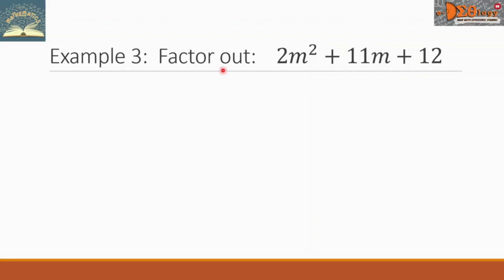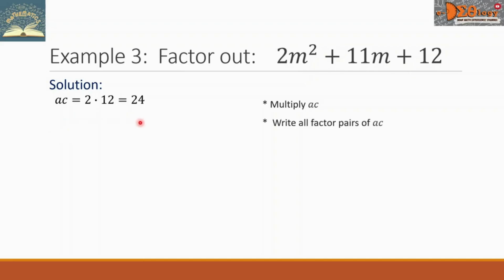Example 3. Factor out 2m squared plus 11m plus 12. We multiply AC. A here is 2 and C is 12. So AC is 2 times 12 and the product is 24. Then we write all factor pairs of 24.